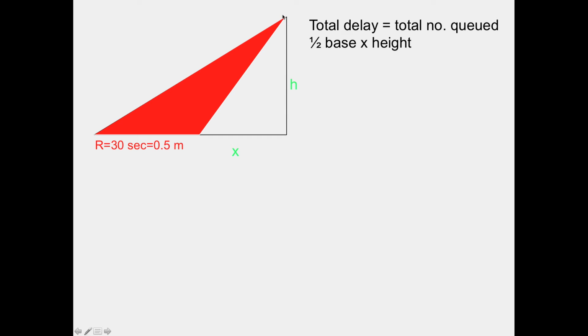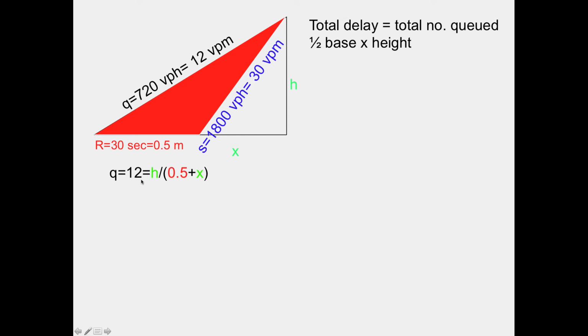And the height, which is the total number of vehicles that have arrived during that time period. Okay, and Q is 12, S is 30. And where do those two slopes meet given this situation?